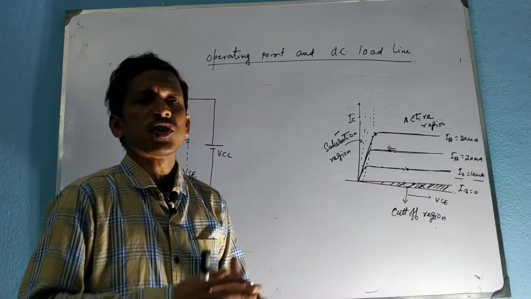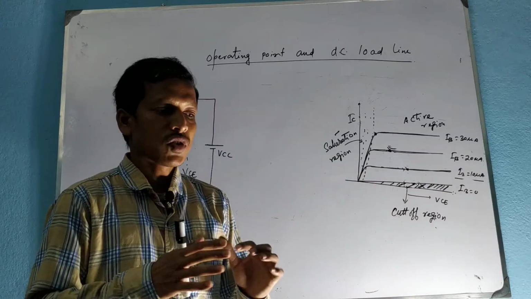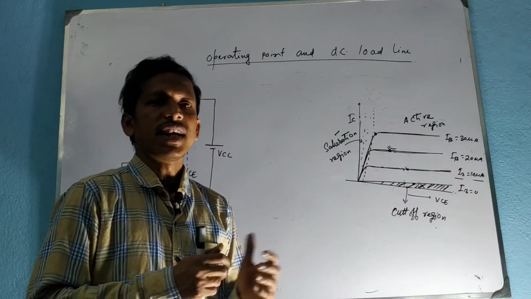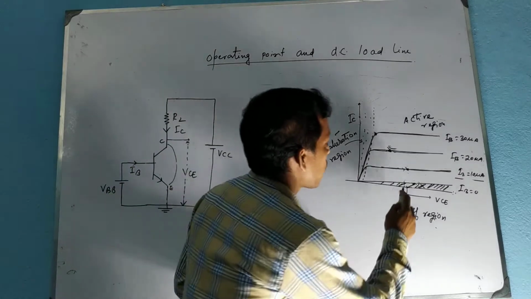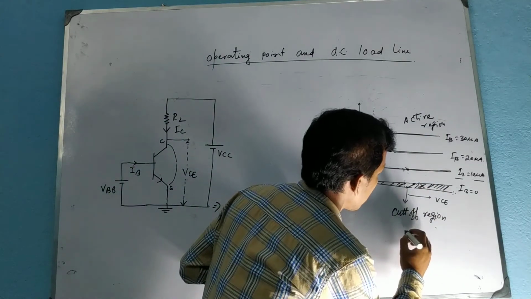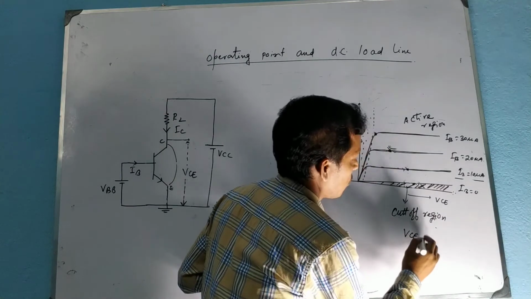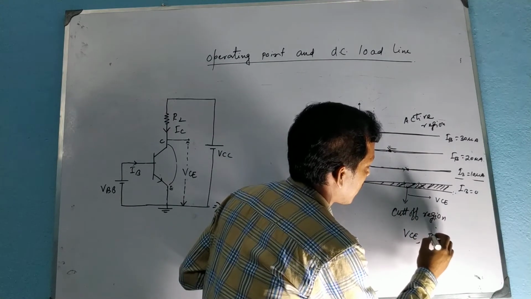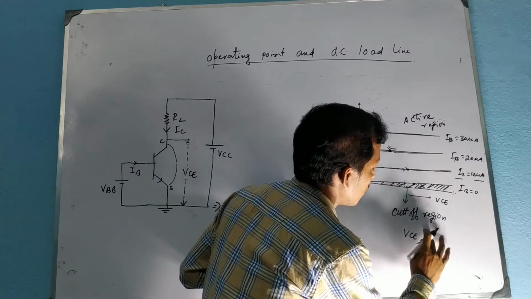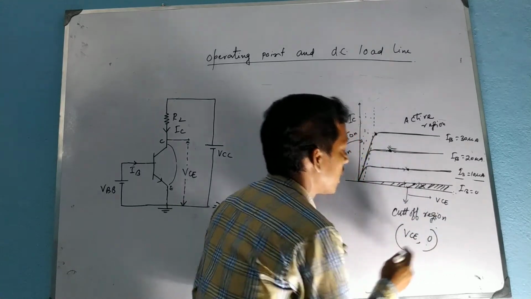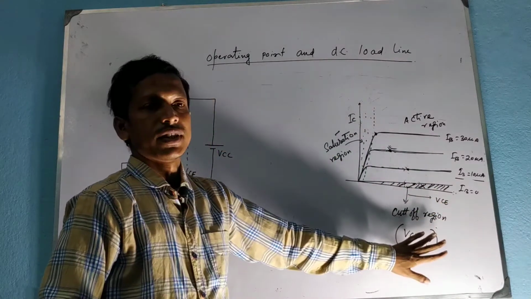We get a very small amount of current due to minority carriers, but in most cases we neglect it. So the coordinate of the cutoff region is VCE may be any value and the collector current IC almost 0.